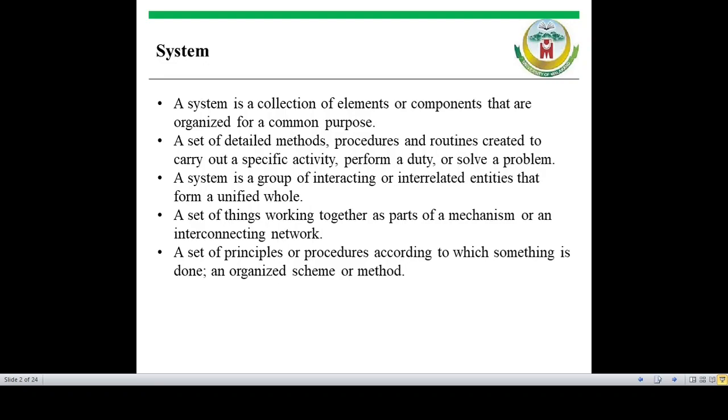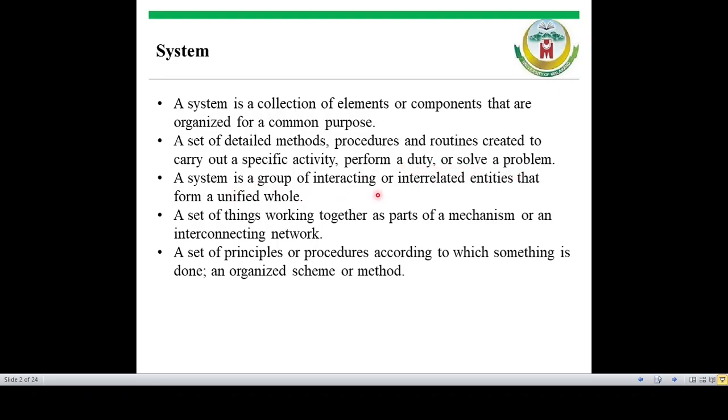Okay, so a system is a collection of elements or components that are organized for a common purpose. And we can also define it as a set of detailed methods, procedures, and routines created to carry out a specific activity, perform a duty, or solve a problem.